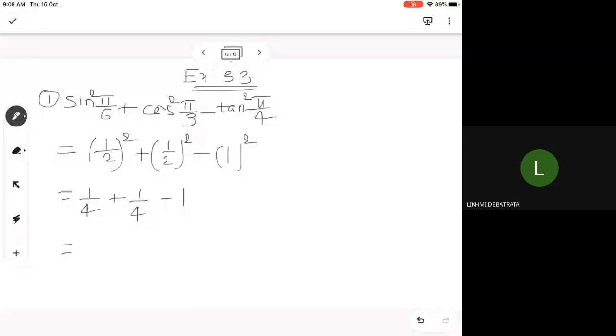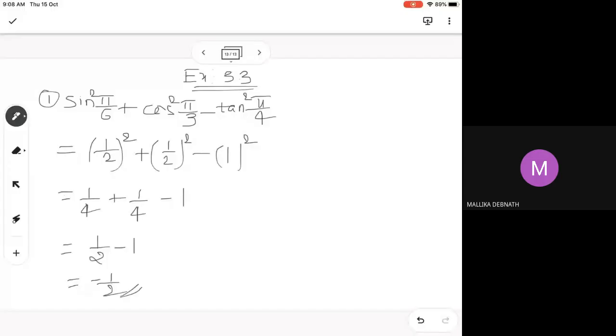Did you understand? Yes, sir. Second, third, fourth problems, all just values you need to substitute only. In the fourth problem it is given 3 pi by 4.